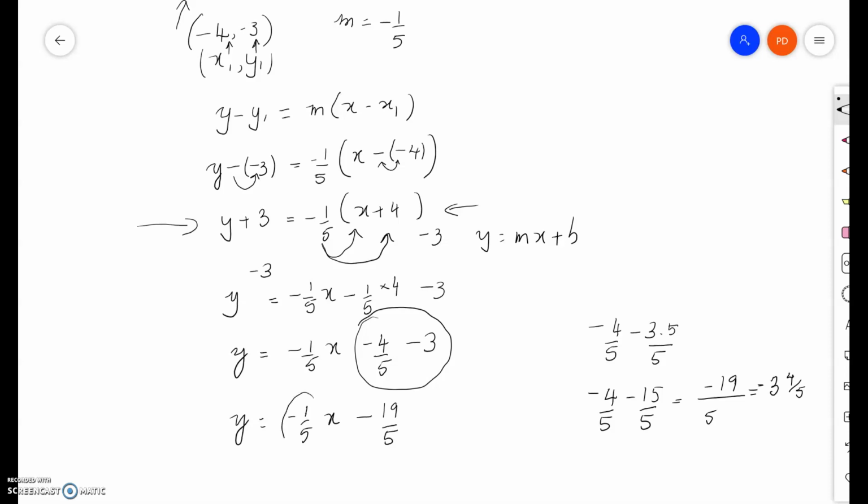So obviously the slope is -1/5 and the y-intercept is -19/5.